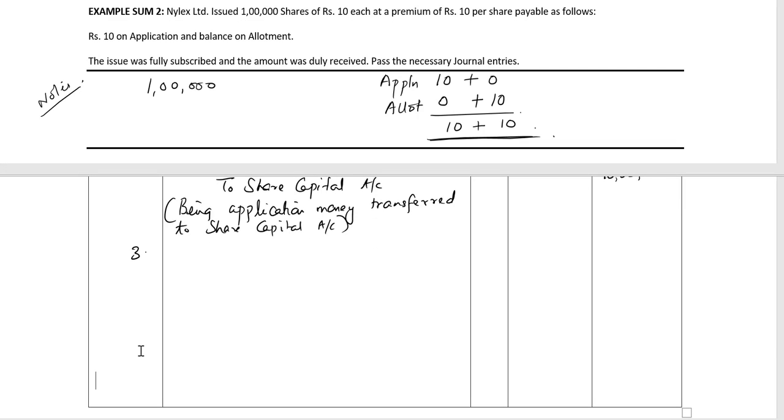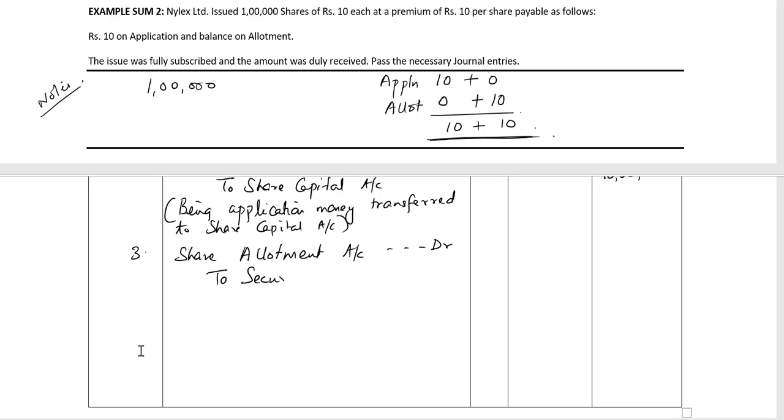The third entry is to make the allotment money due. So we have share allotment account debit. Please note, no amount is payable towards share capital in the case of allotment. The entire amount of rupees 10 is payable towards securities premium reserve.